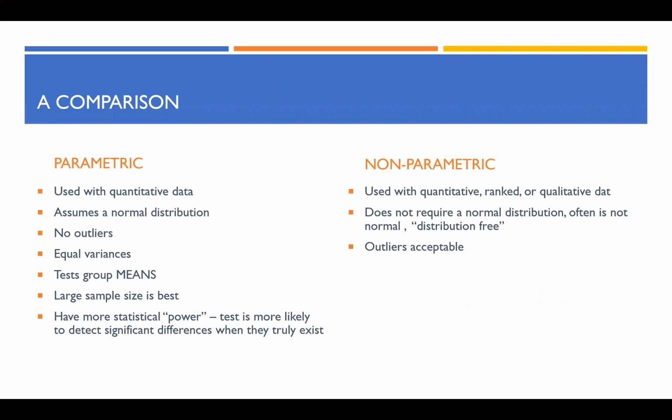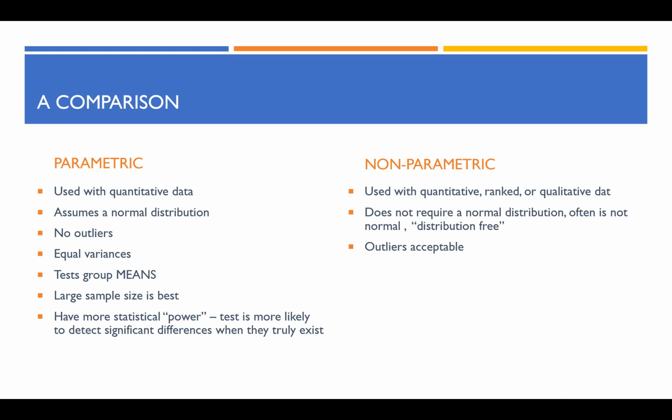Okay, so one of the good things about a non-parametric is that it does not require you to have a normal distribution. And oftentimes it's not going to be a normal distribution. Non-parametrics are sometimes called a distribution-free test because you don't have to know anything about the distribution.